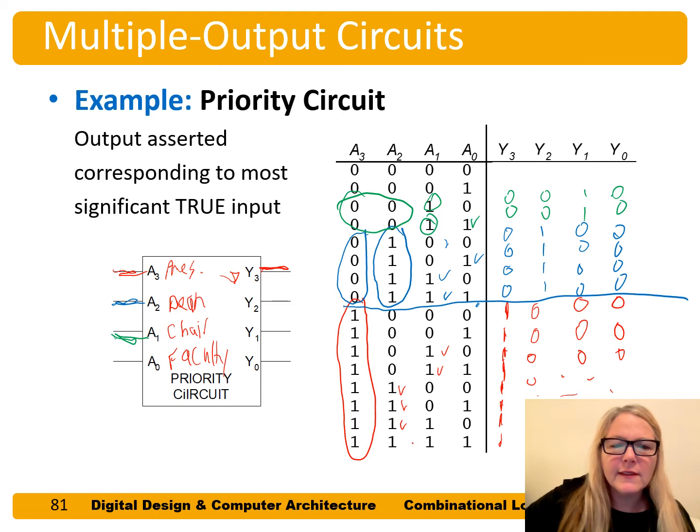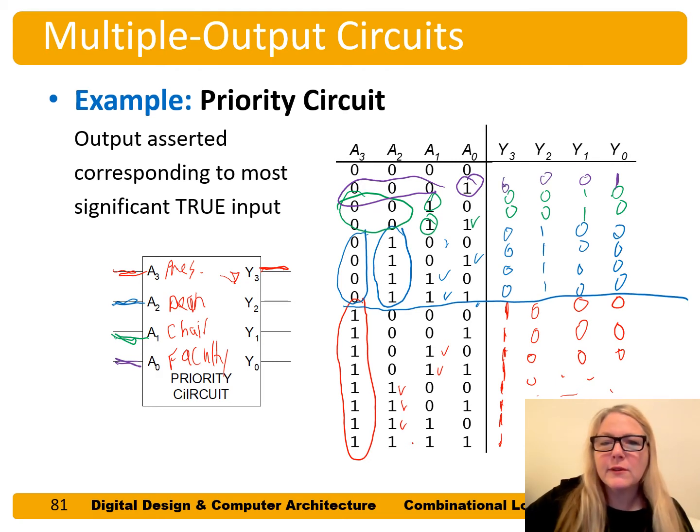And finally, if the faculty member requests the room and none of the higher priority inputs have requested it, then the faculty member's output is 1 to indicate, yep, you get to use the room. And finally, we also have to cover the case where no one is requesting the room. Well, then of course nobody gets to use the room because nobody wants to.